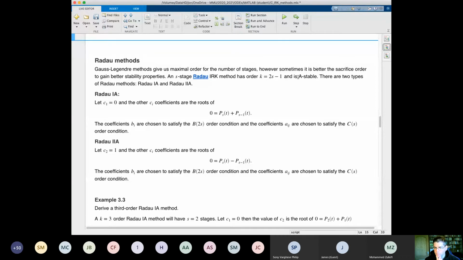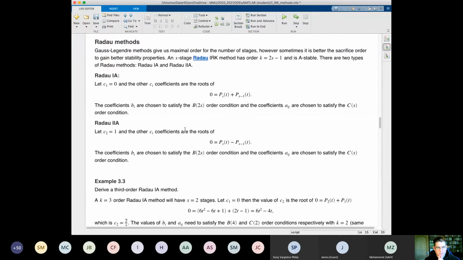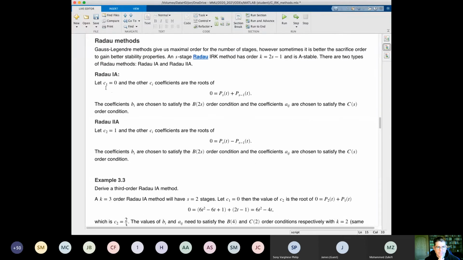Now, there are 2 types. There's type 1 and type 2, and their derivation. For type 1, we let C1 be equal to 0, and the other C coefficients are the roots of Ps plus Ps minus 1. So remember, S is the number of stages. To calculate the B coefficients, we use the B order condition, and to calculate the A coefficients, we use the C order condition, the same as what we did before.